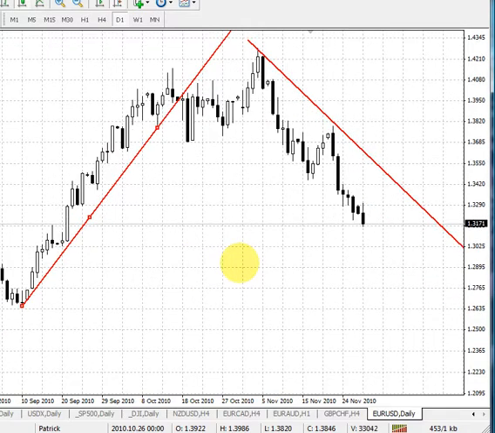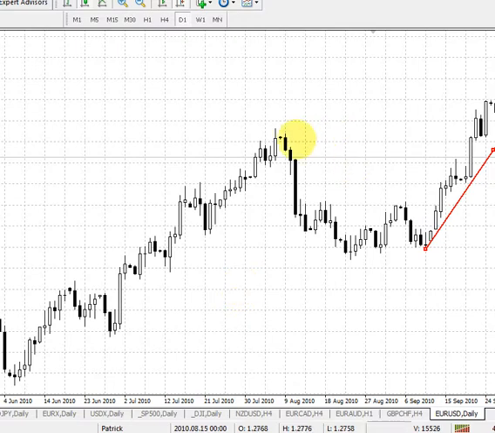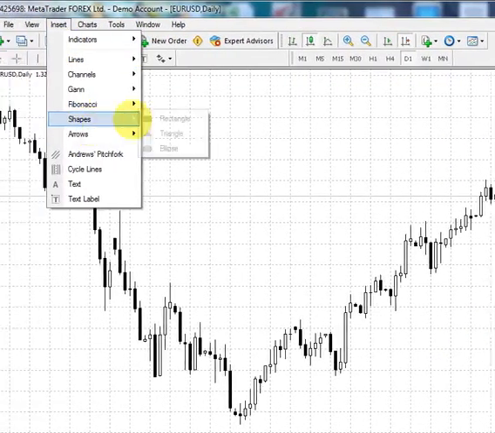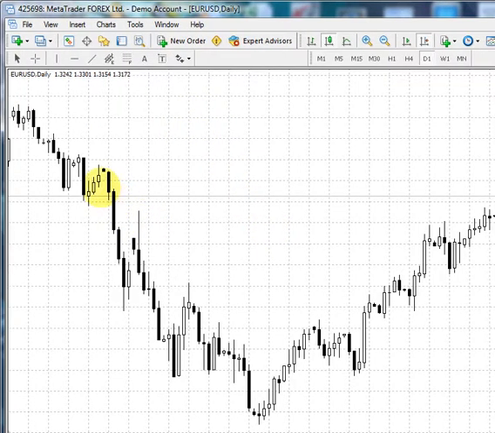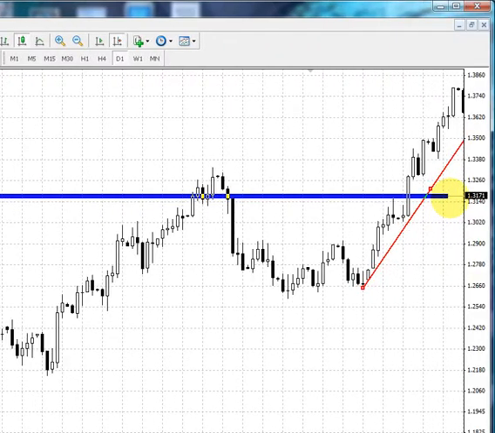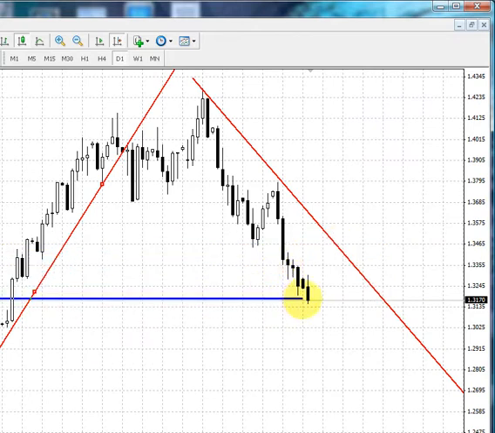Now, we need to look at support and resistance areas. There's definitely something going on over here, so I'm going to insert a rectangle, and we've got some activity here, some support and resistance. I'm going to draw a line in and then move it right to the end.